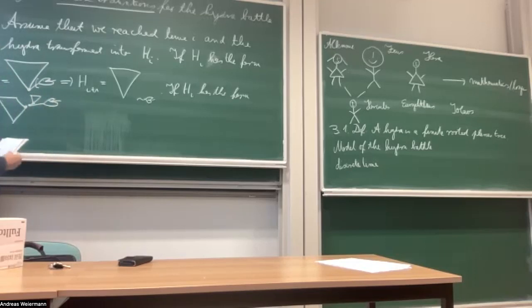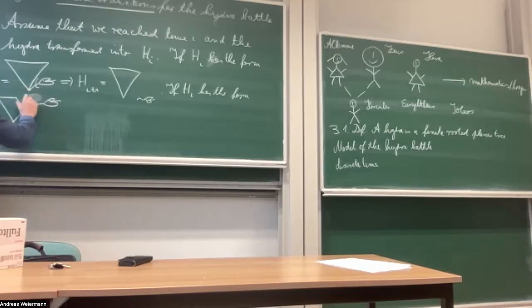This situation. And it is important that this position here is not the position over here. So it's somewhere higher in the tree. There is a subtree of this form.